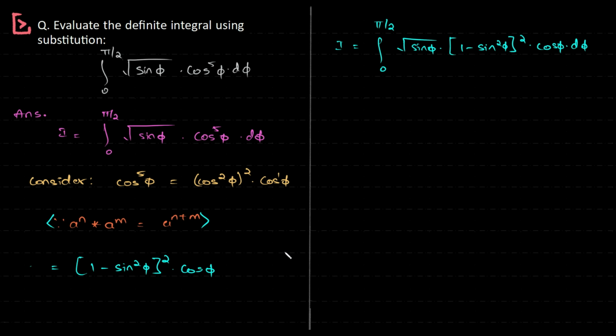Agree? And now what do you substitute? Let t be equal to sine phi and dt is equal to cos phi d phi.